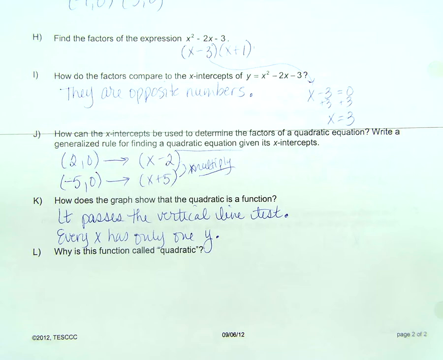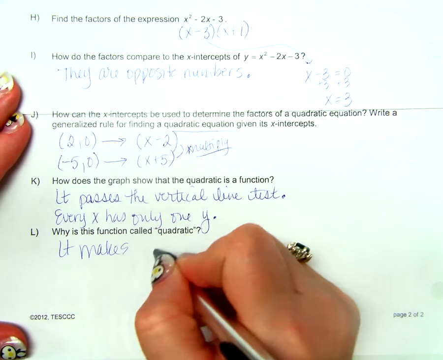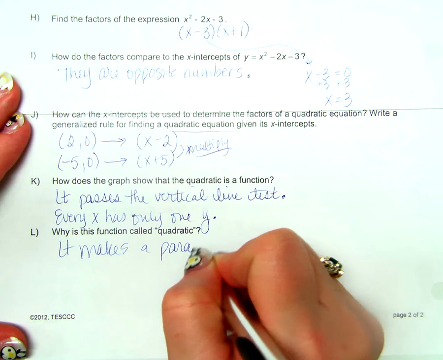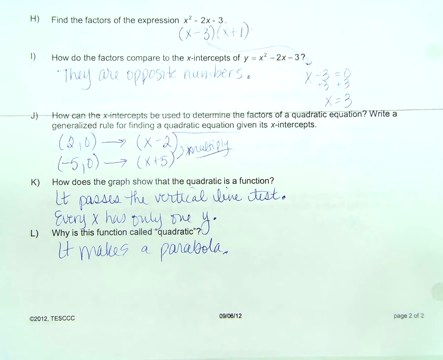Oh, so it makes a parabola? It makes a parabola? Too many times we get caught using pronouns, like "it." What makes a parabola? The equation. If we put it into a graph, that makes a parabola, right?